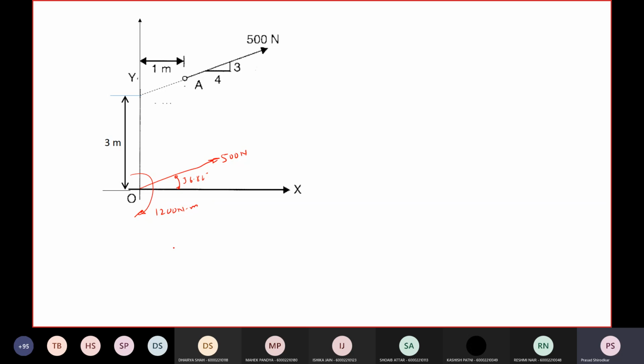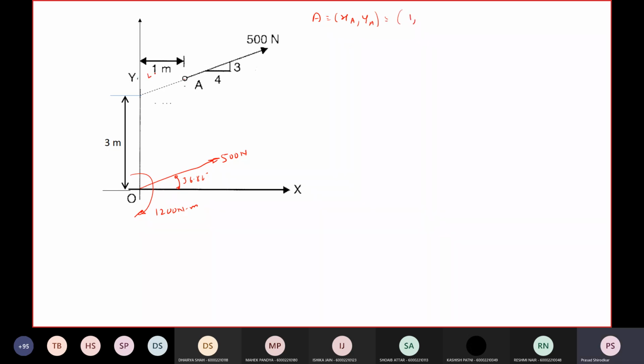Now last thing they have asked you to find the coordinates of point A. Alright, so how to find the coordinates of point A? So let's see. A has two coordinates, so XA and YA. Alright. XA is already known. What will be XA? XA is 1 meter.